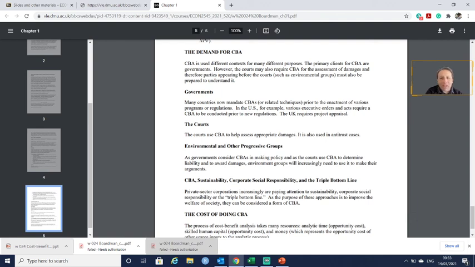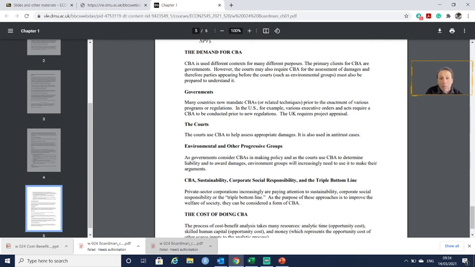Environmental and other progressive groups like to determine liability and damages in the environment. CBA, sustainability, corporate social responsibility, and the triple bottom line are paying a lot of attention to sustainability and corporate social responsibility. They want to look green, yes, so that is the demand for the CBA, and why it's very important.